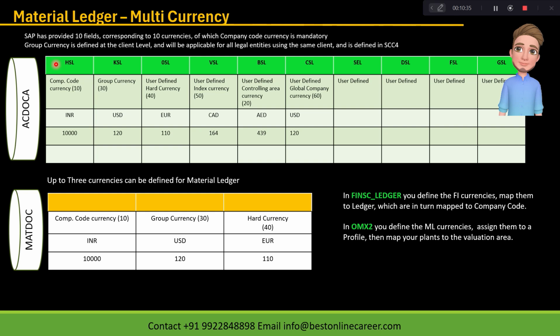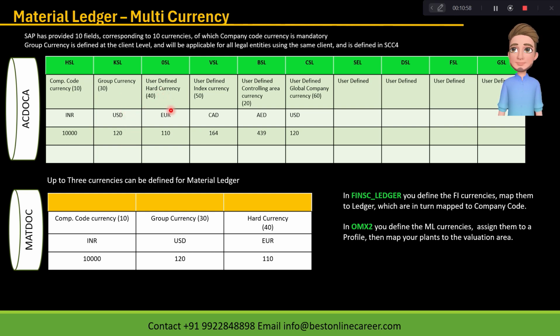So now we have understood we have 10 different currencies with respect to FI. Now where are these numbers stored? Let us say I have 10,000 worth of sale that has happened in company code currency. The same number gets reported in my group currency, which is USD, as I have shown you using the SEC4.